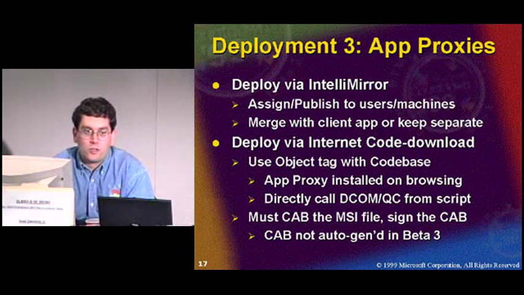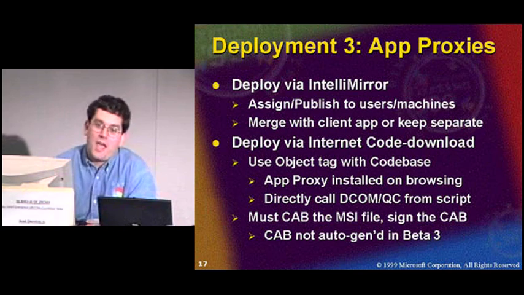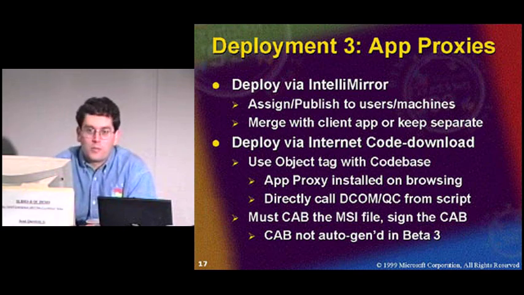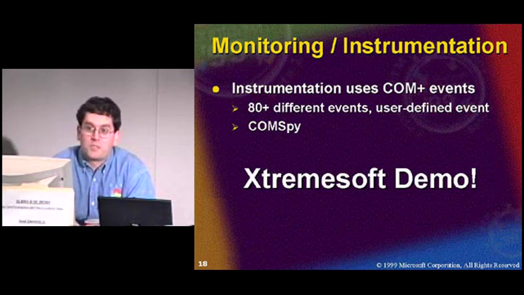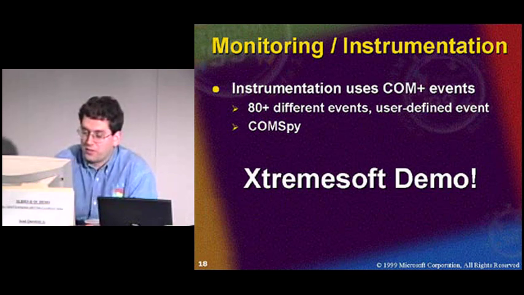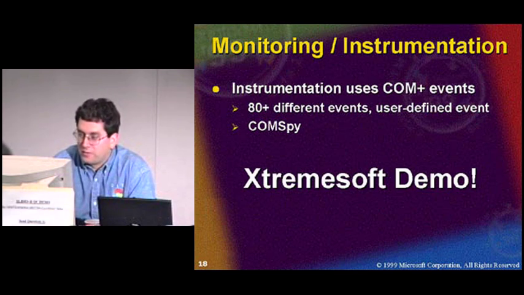In the final version of Windows 2000, we will automatically generate both an MSI file and an MSI file wrapped into a CAB file that can be used directly. And of course, if you care about Authenticode, which in most cases is necessary, the CAB still needs to be signed with a valid certificate before the download can actually happen. So here, in Beta 3, things are a little more tedious than they were in MTS, but that will be fixed in the final product.